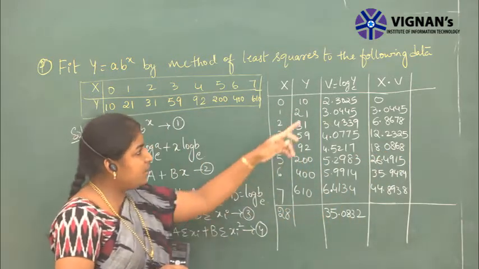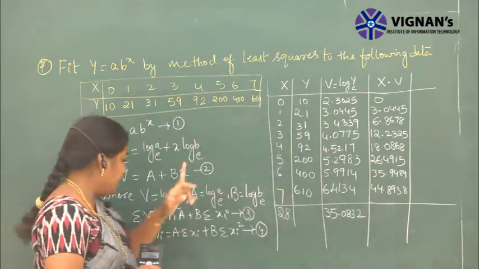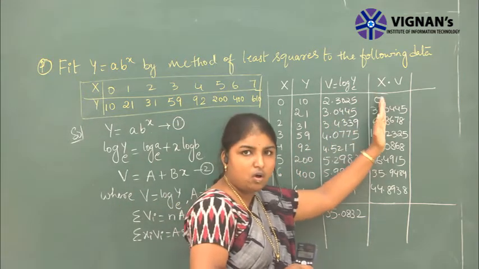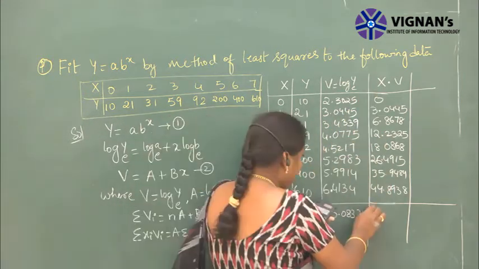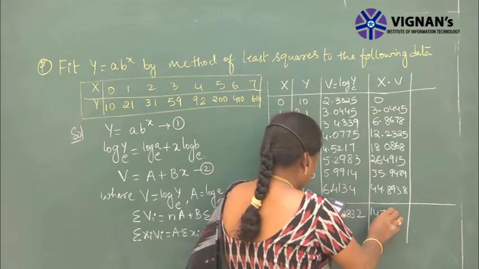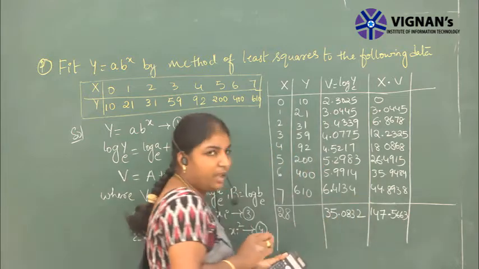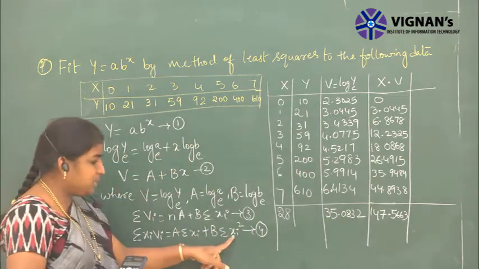So these are the values for X into V. Here we want summation Xi into Vi, that means we are summing all these values, and we get 147.5663.